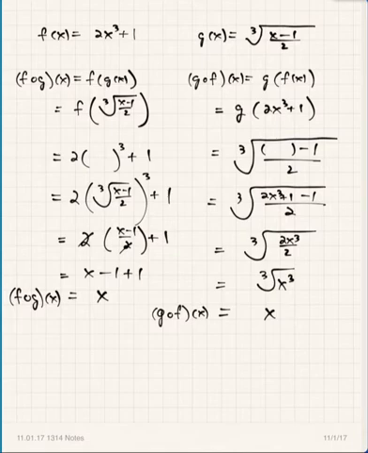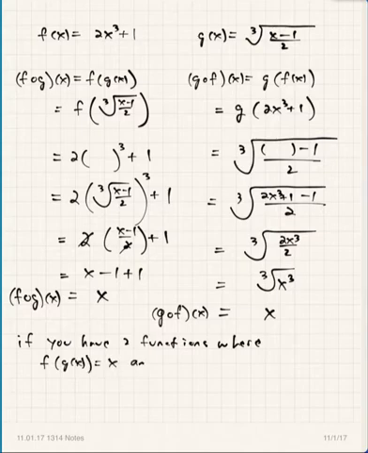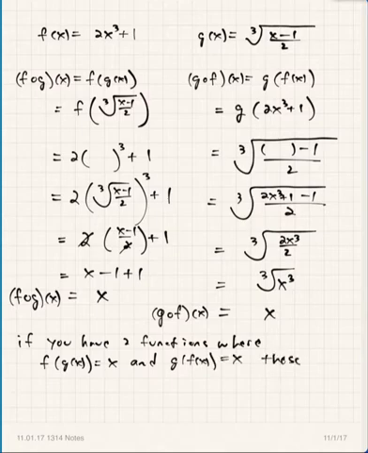And the reason why I wanted to bring up this specific example is remember that if you have two functions where f of g of x is equal to x and g of f of x equals x, these functions are inverses.